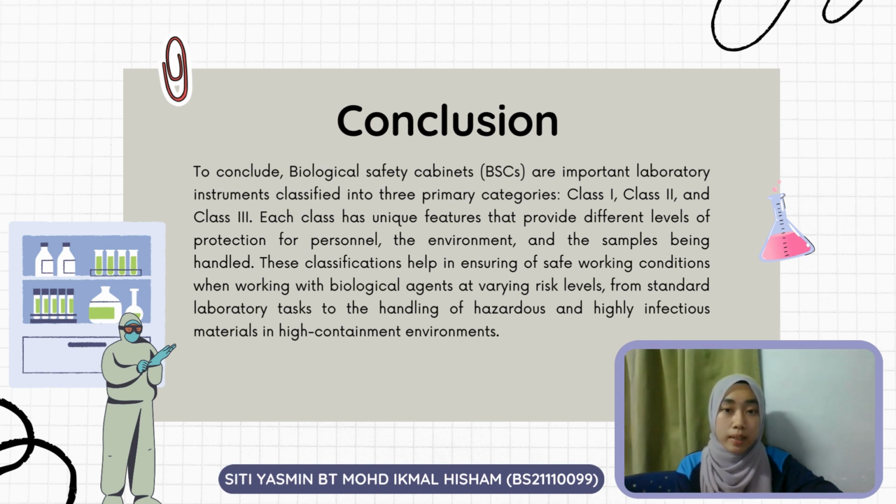All of these three BSC classifications help ensure safe working conditions when handling biological agents at different risk levels, from standard laboratory tasks to the handling of hazardous and highly infectious material in a high containment environment.